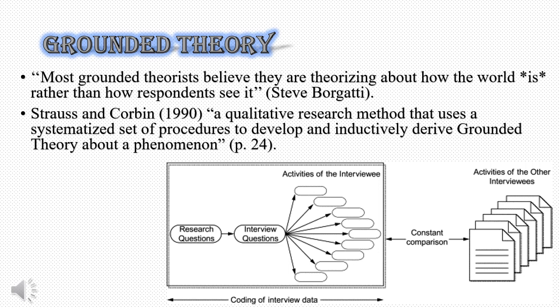Initially, an inductive method developing a theory. Then they started exploring procedures, actions, interactions, and ultimately we have come to the era where we think that this is a systematized set of procedures, and the purpose is to develop a theory about a particular phenomenon.